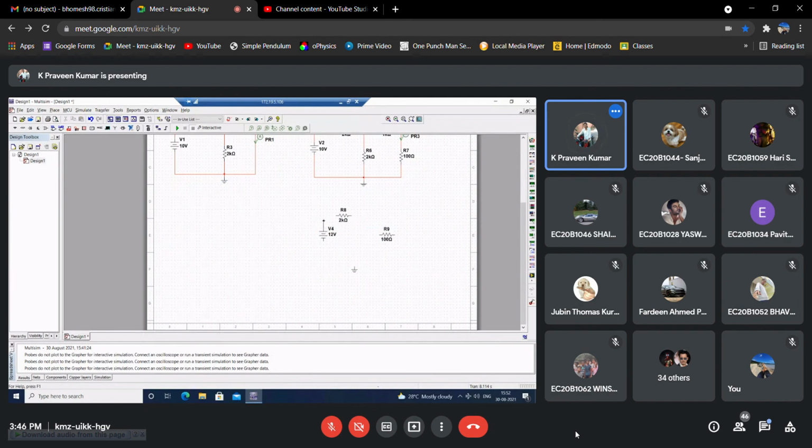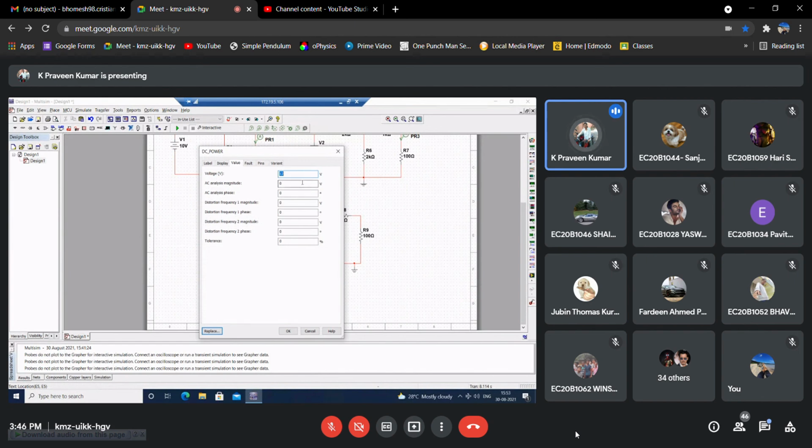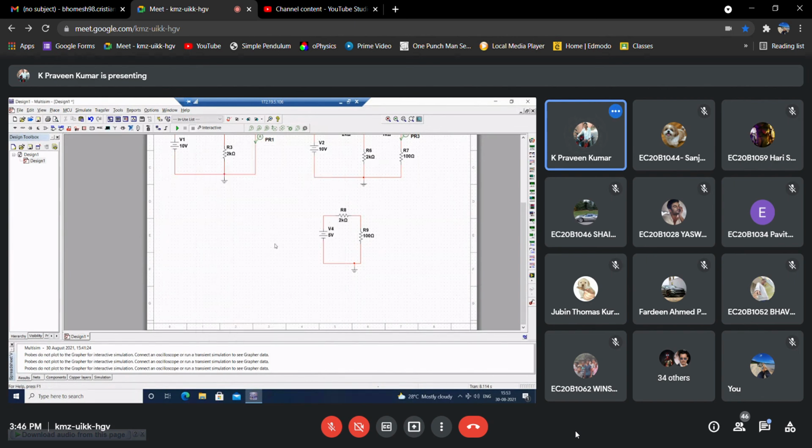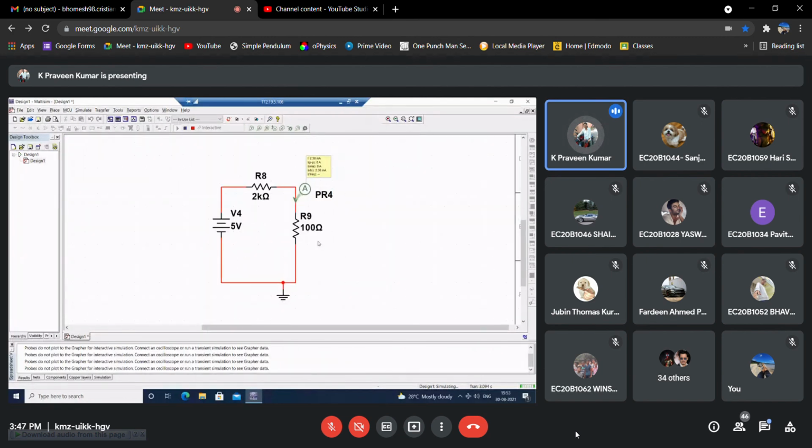So let us build the circuit. This value is 5 volt. Now take the current probe and place it across the 100 ohm resistor. Now if we observe the response in this load resistor, that is 2.38 milliamp.